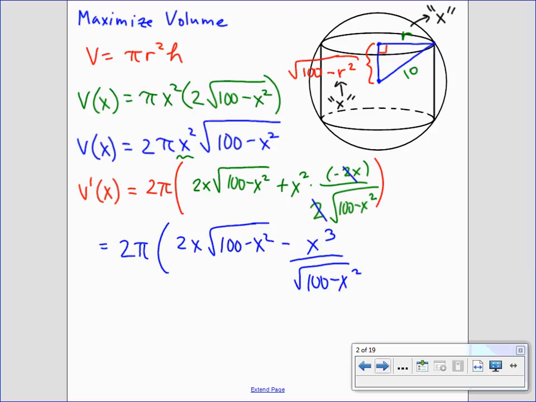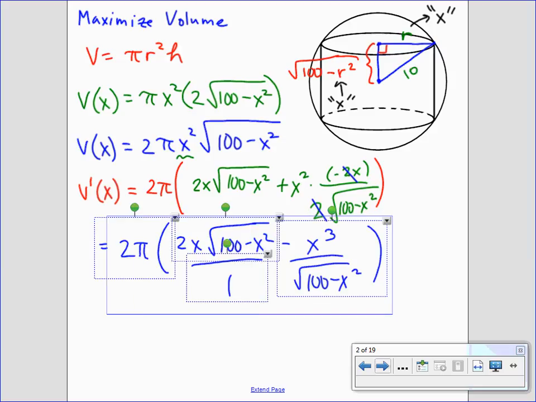Are we okay? And now I'm going to go ahead and make a common denominator, so I can write this as a single fraction and set the top equal to 0 and set the bottom equal to 0 to identify my critical values, right? I know my critical values for v are when v prime is equal to 0 or undefined. So now I'm going to do my home copy.